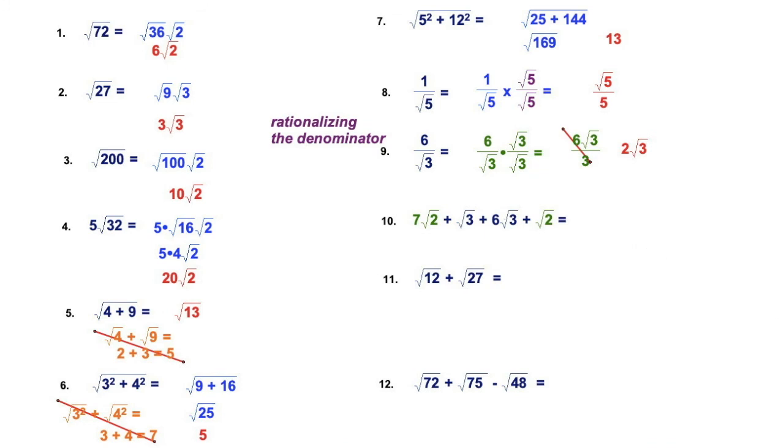So how do we do it? We combine the like terms. Oops, what did I say? I think I messed up there. All right, but again, there's 7 radical 2's plus another radical 2, 8 radical 2's, 1 radical 3 plus 6 radical 3's, 7 radical 3's. Think of it that way.